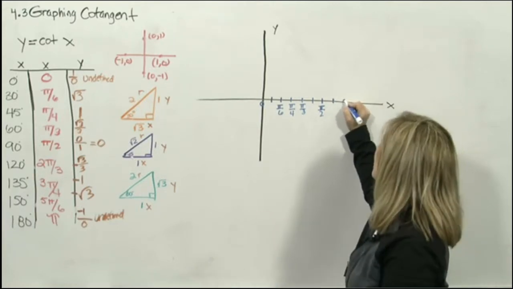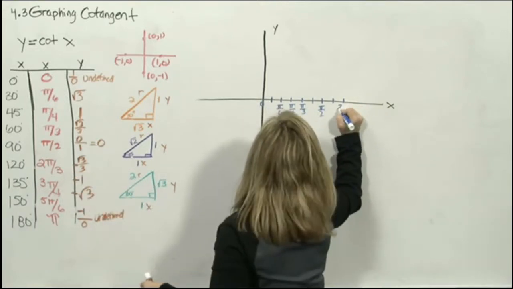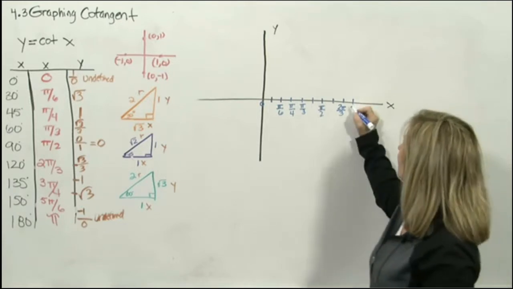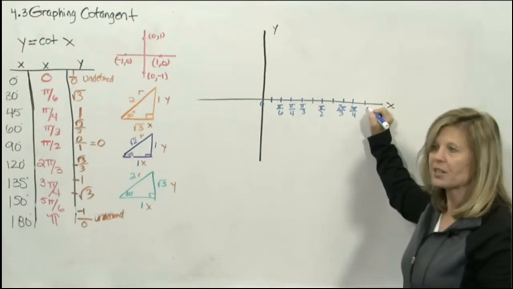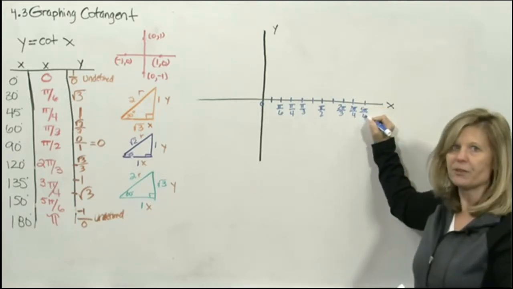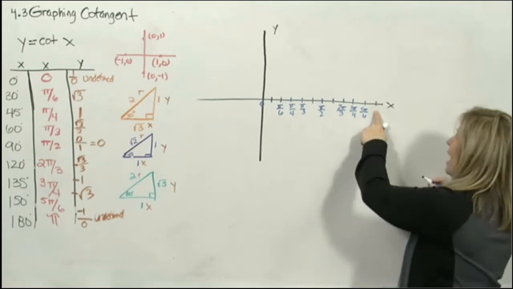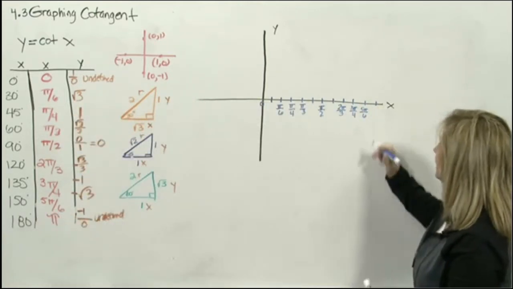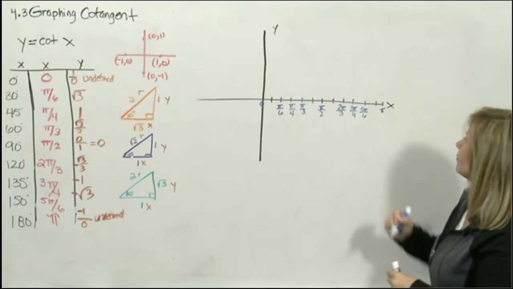I don't have that. 105 plus 15 is 120. I'll mark that. 120 plus 15 is 135. 135 plus 15 is 150. 150 plus 15 is 165. I don't have 165 degree angle on my T-table, so I'm going to leave that line blank. 165 plus 15, that puts me at 180.